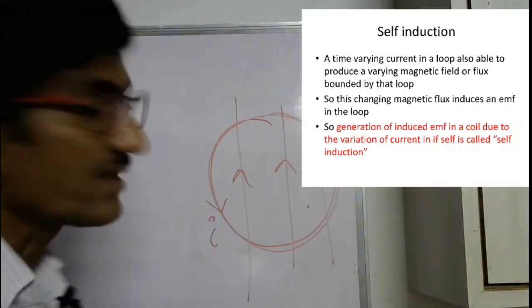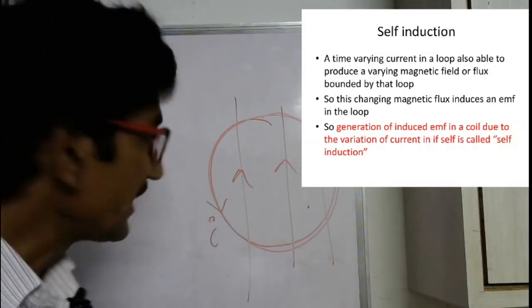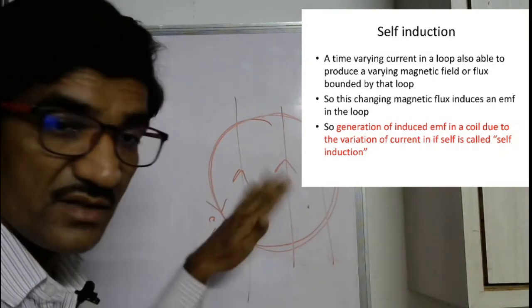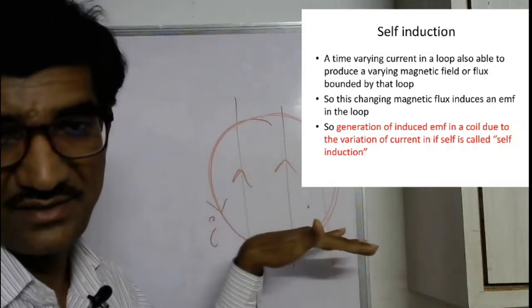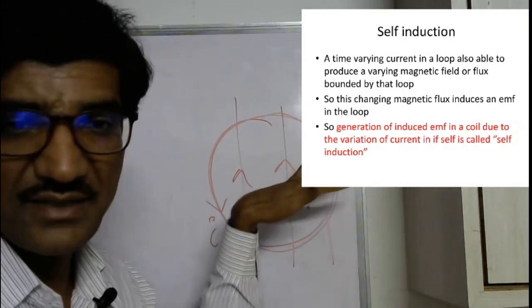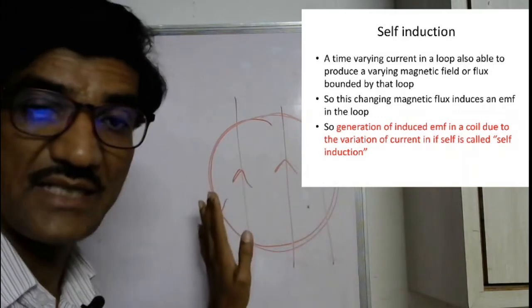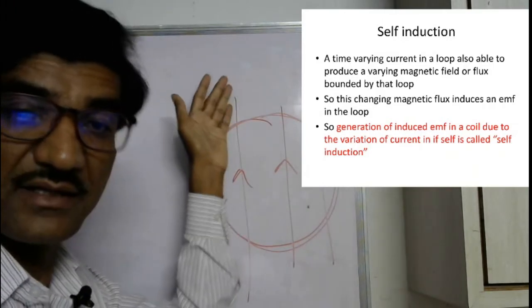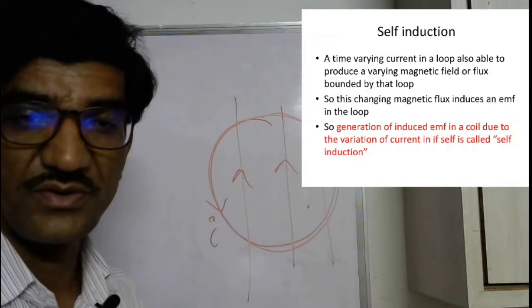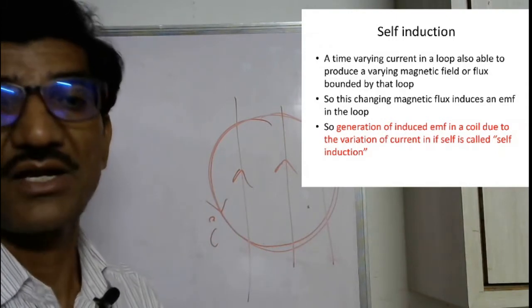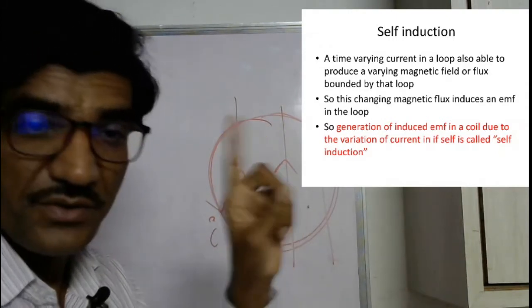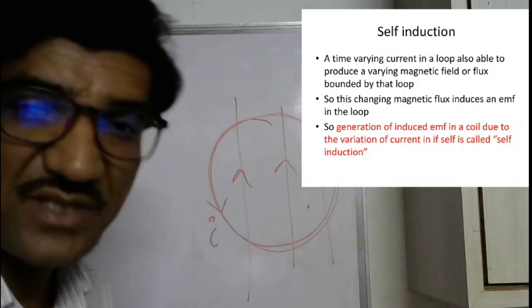Yes, that happens. The variation in the flux is able to create some induced EMF in this coil itself. Whatever is happening there happens here also. But there, you have only one current, the induced current.